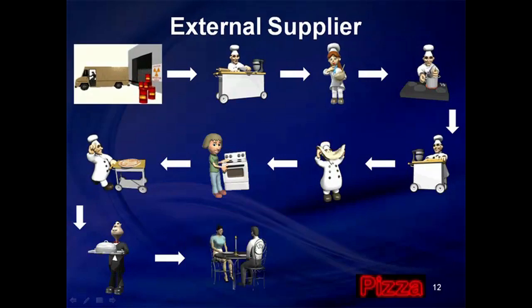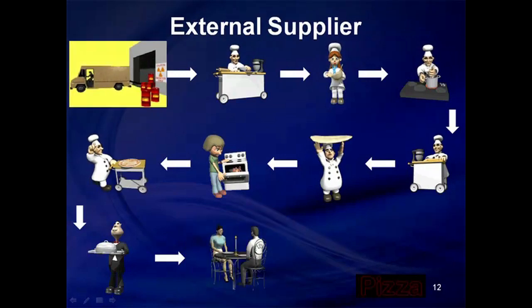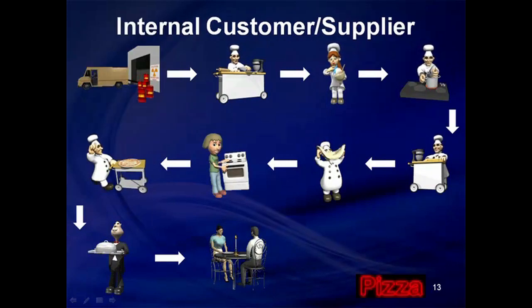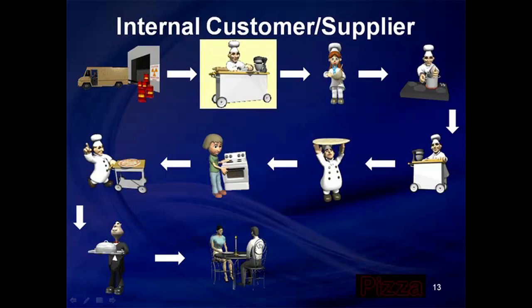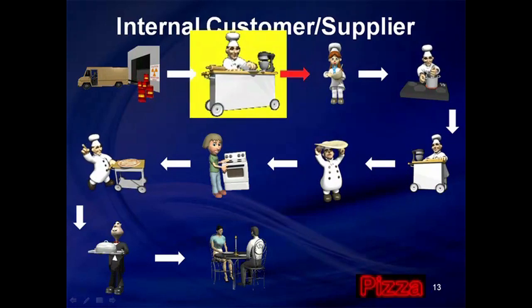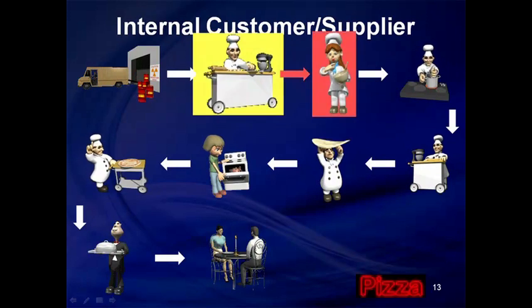An external supplier is someone outside the business supplying what the business consumes. Internal customers can be any person, department, or work cell within your business. For example, this chef is supplying ingredients to the next chef so she can make the sauce.